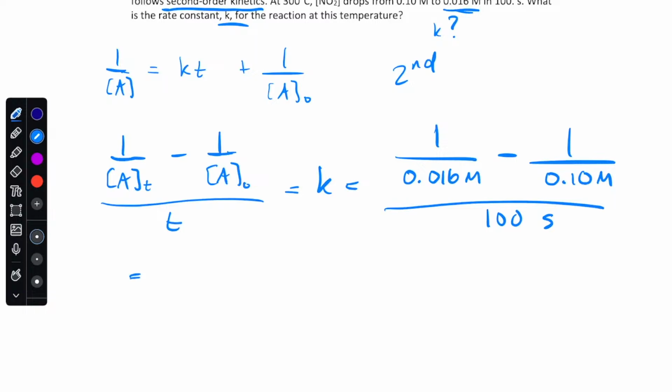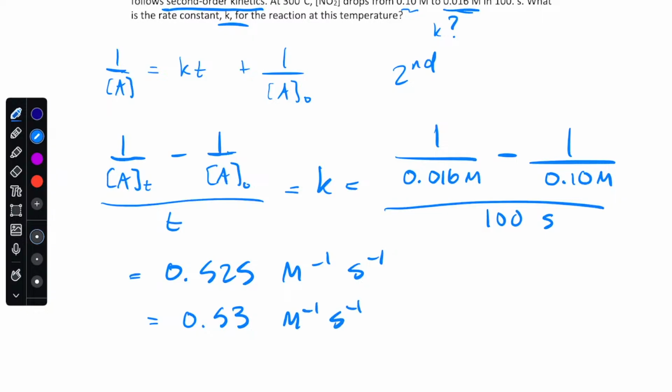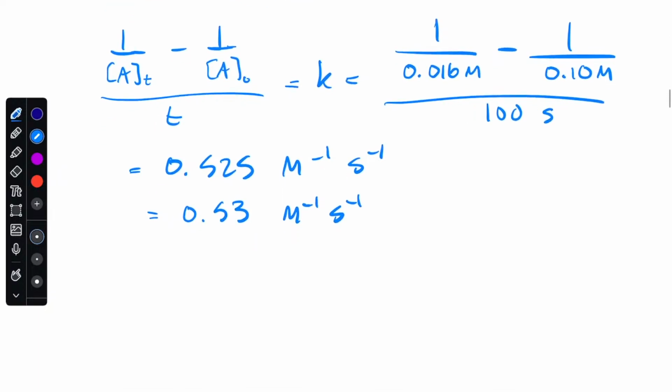If you calculate that out, you get 0.525 molar to the minus 1, seconds to the minus 1. If you were worried about sig figs, we should really only have 2 sig figs, so 0.53, if you want to be rigorously correct.